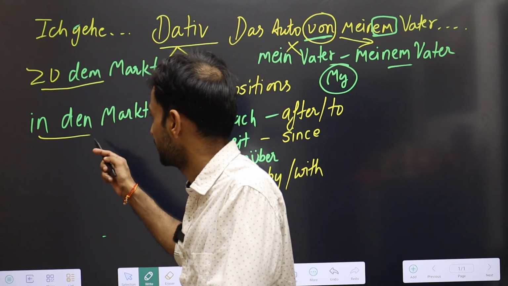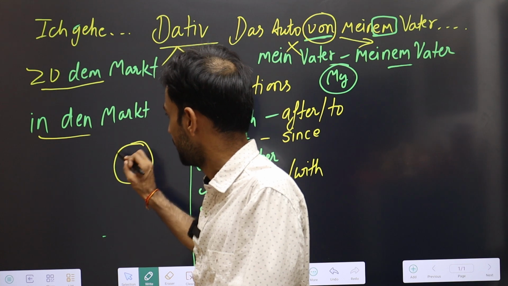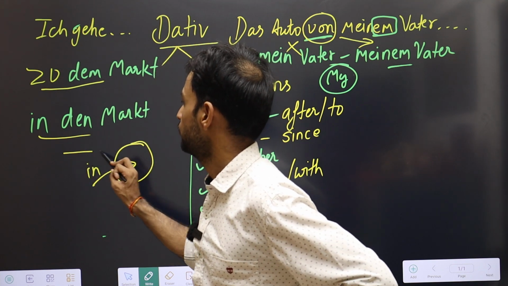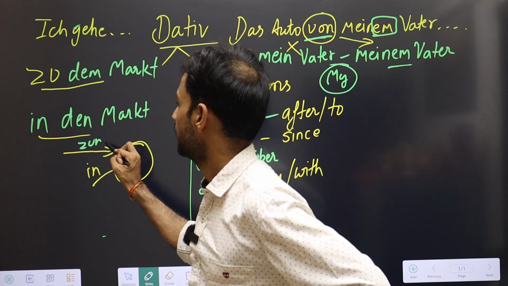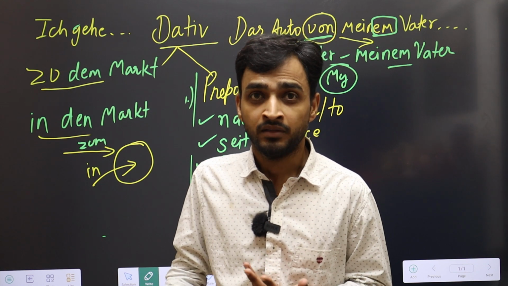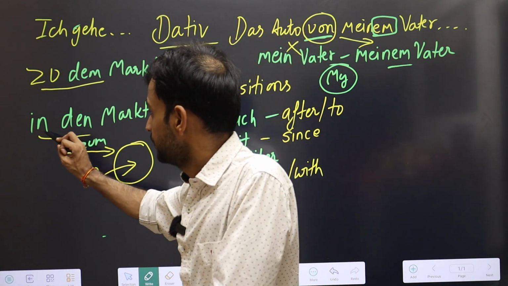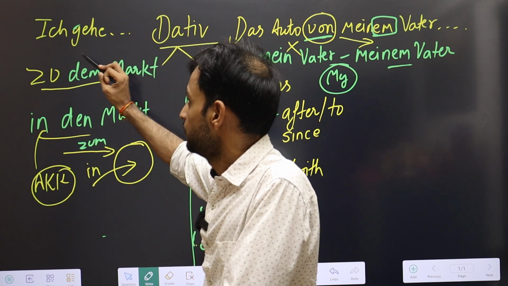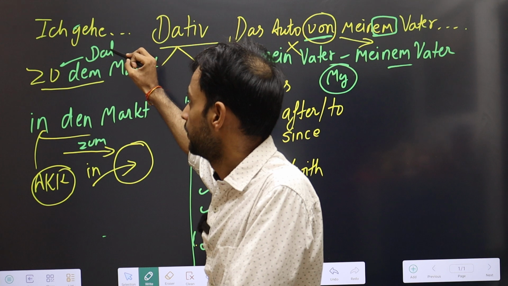I am going in the market, means I am going inside the market. This is in. If I say I go zum Markt, means I am going to the market. May not go inside. But here in is a Wechsel preposition, so here it is playing the role of accusative, and zu is playing the complete dative.